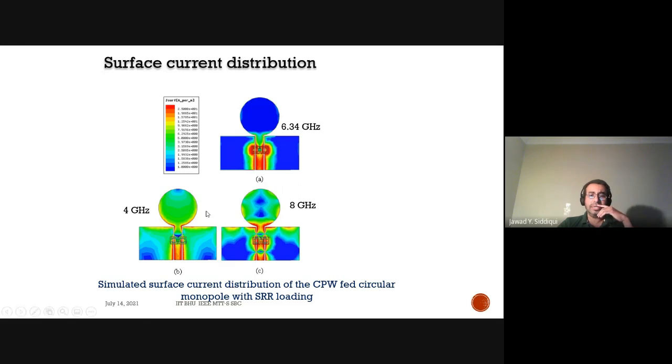As you can see, there are current standing waves on the periphery of this circular monopole antenna. So this gives an idea of why the filtering is happening: the SRR is getting excited by the magnetic field along the transmission line, and the field is not able to excite the radiator as such.